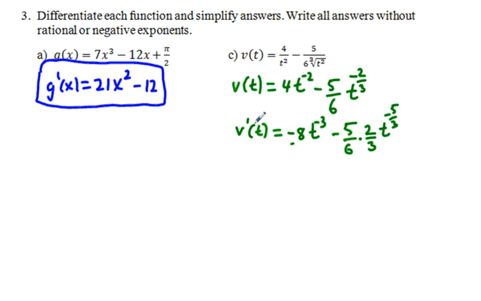And next we're going to write this without rational or negative exponents. And so v prime of t is going to be equal to negative 8 over t to the 3rd power.